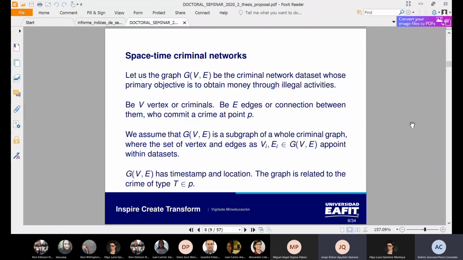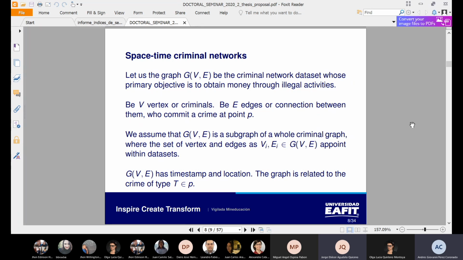We find how the crime is related with the criminal event, so we can predict the occurrence and understand how criminal networks are involved in this crime.